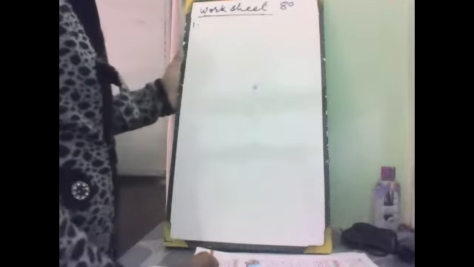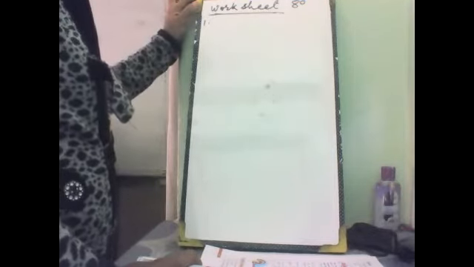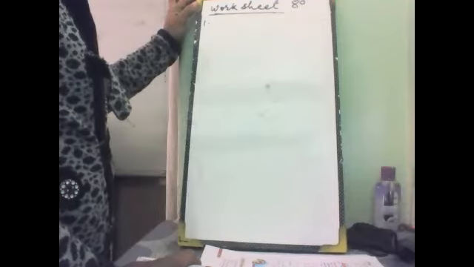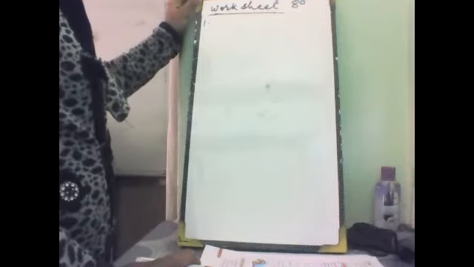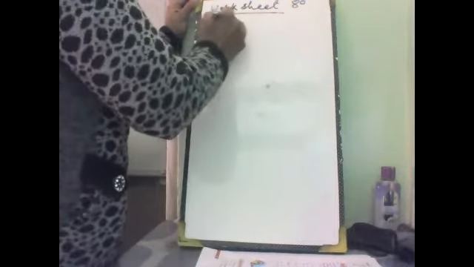Study the equation given below and state the type of reaction taking place, whether it is synthesis, decomposition, displacement or double displacement. Here is an example. Sodium reacts with HCl and forms sodium chloride. It's a simple displacement.